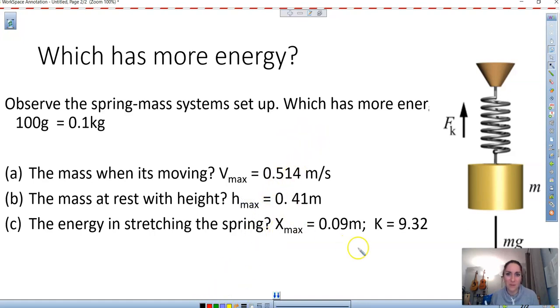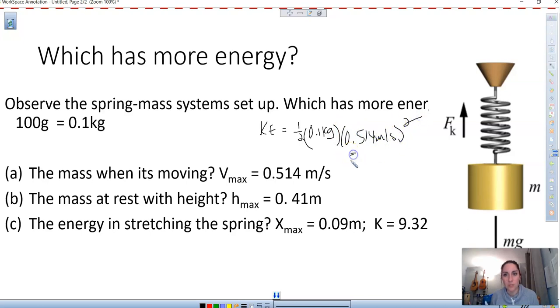But if you quickly go through each of these calculations, you would find that this actually is the most. So the KE is 1/2 times 0.1 kilograms, as I've written over there, times 0.514 meters per second squared, as such.